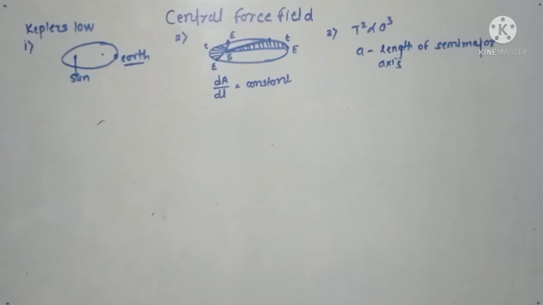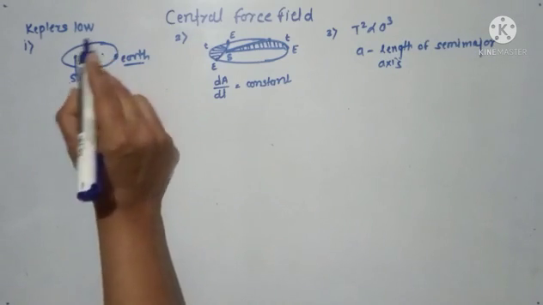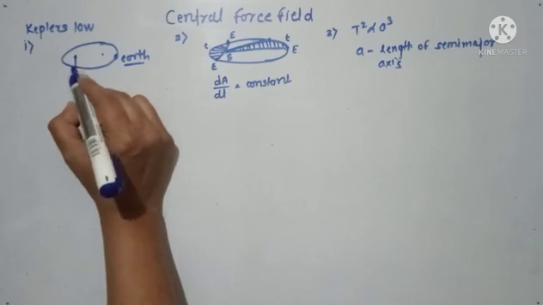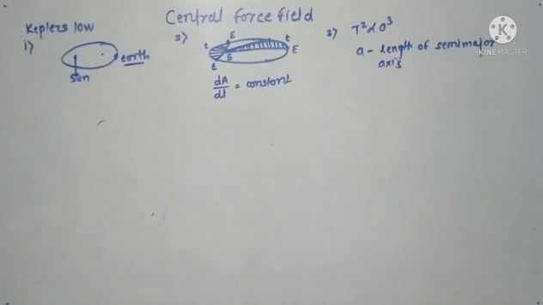Now let us see the proof of Kepler's first law, which says that every planet revolves around the sun in an elliptical orbit with the sun as one of the foci. In a previous lecture, we have derived the equation of the orbit.